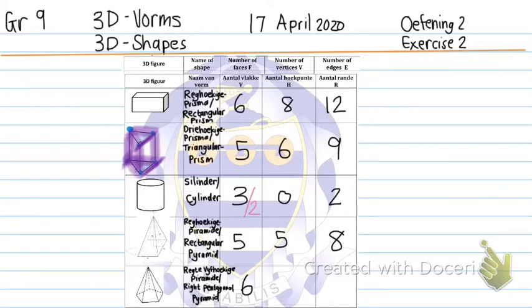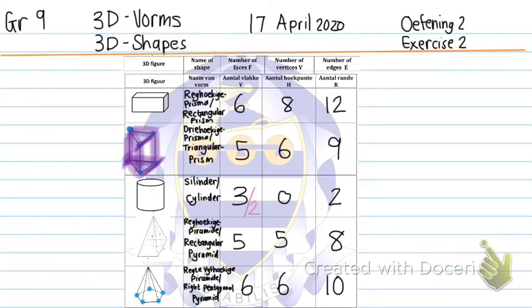I count the number of angles in the base. So it's 1, 2, 3, 4, 5 angles in the base. So it's pentagonal. And then I have 6 faces and 6 vertices and 10 edges. That's it for number 1.